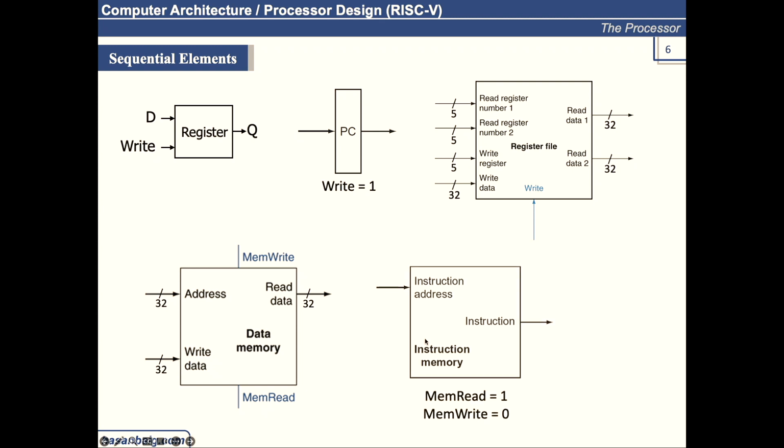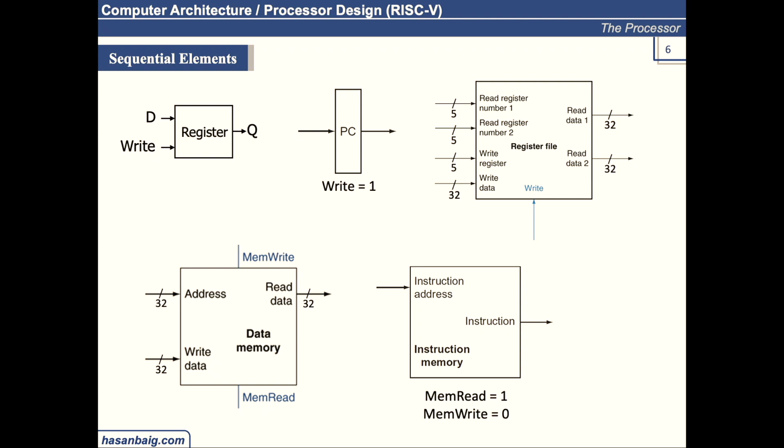Another thing is the instruction memory. We have also discussed that the instructions are stored in a memory. Previously we discussed that it could be some portion of the main memory, but soon you will see that we will be treating instruction memory separately from the data memory, and we will discuss why later.